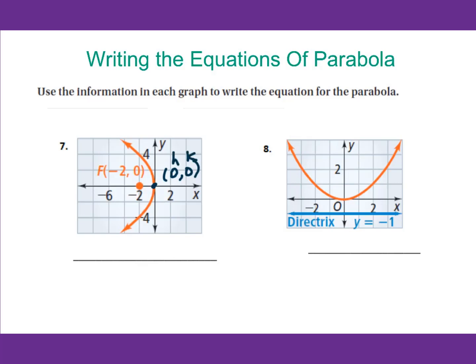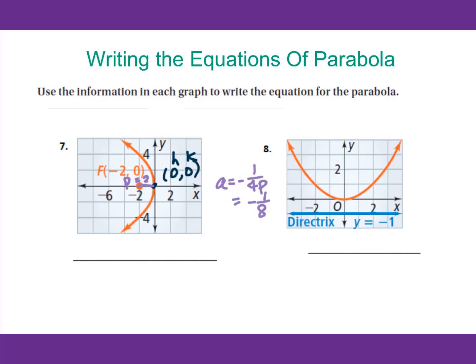The distance between the focus and the vertex, that's P, equals 2. Since this parabola opens to the left, therefore a equals -1 over 4P, which equals -1 over 8.